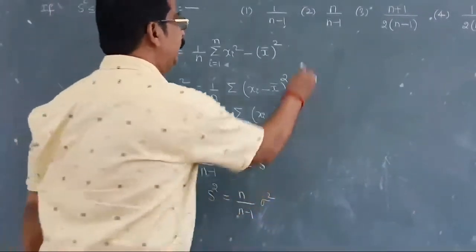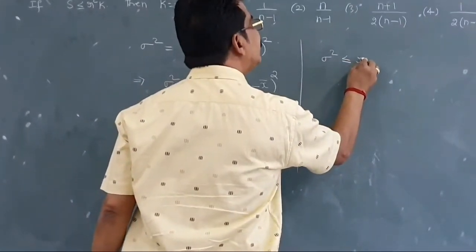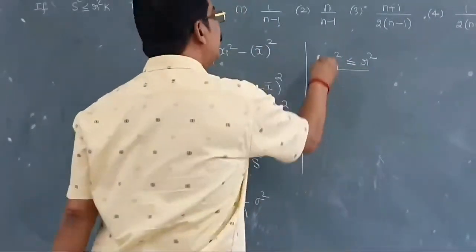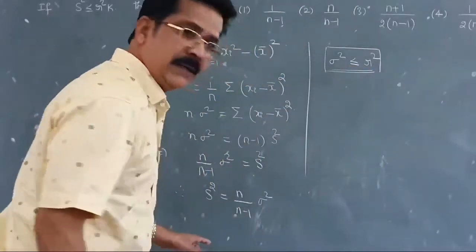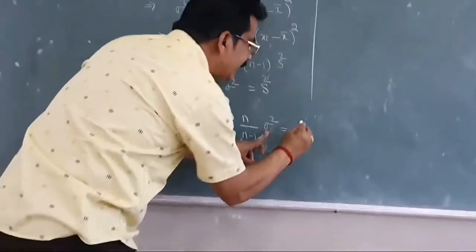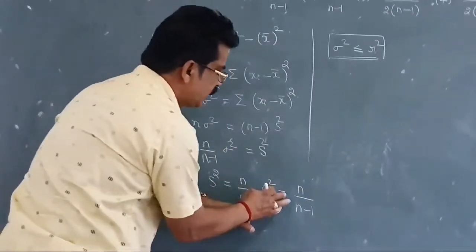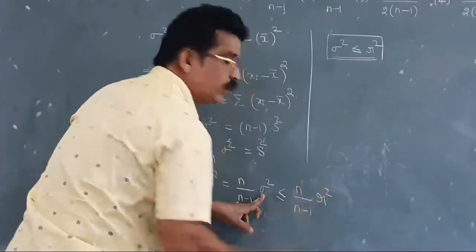But actually here sigma square is always less than or equal to range square. This is the beautiful formula in statistics. So therefore, you come here. We can write n by n minus 1, but sigma square is less than or equal to r square.